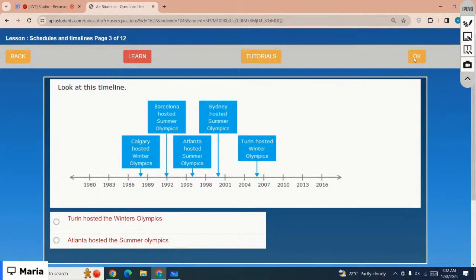Which is the correct option? You are not given the question, right?